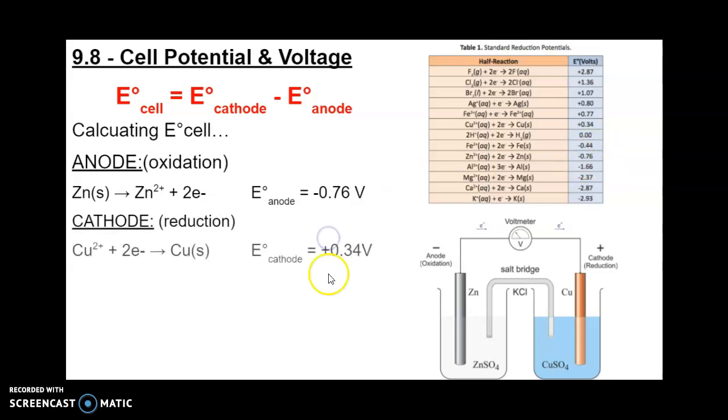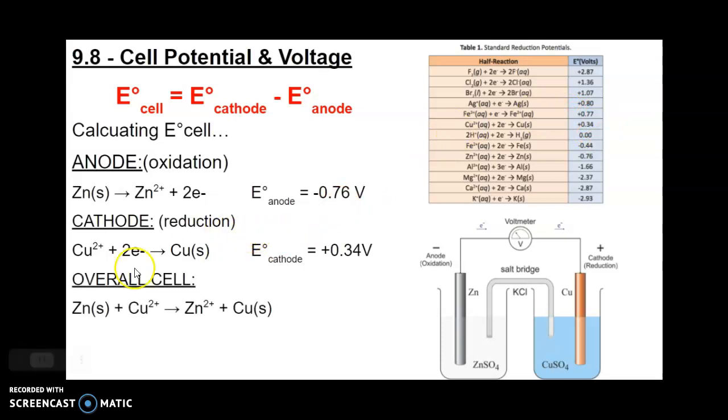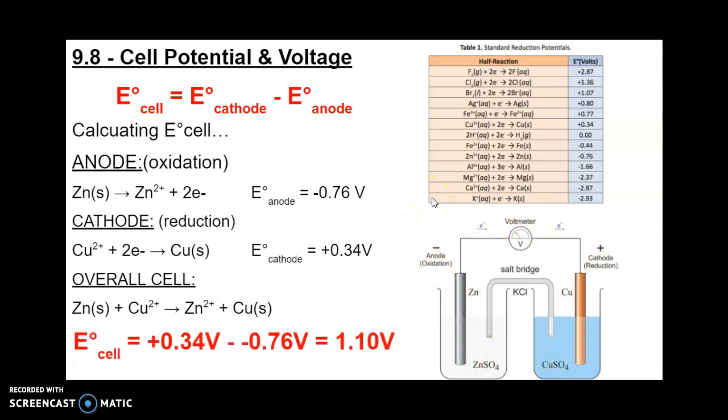The cathode is where we have reduction. We have the copper being reduced from a 2+ to a 0. And if we use our table, we can see that copper is a 0.34. So the overall net ionic equation involves zinc being oxidized and copper being reduced. So if we quantify the efficiency or the potential of this electrochemical cell, we're going to take the voltage of the cathode minus the anode.